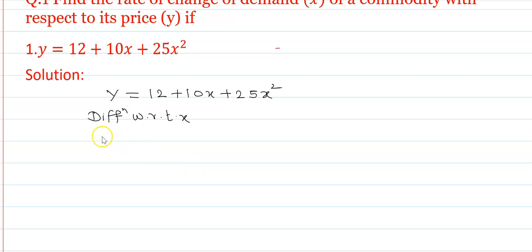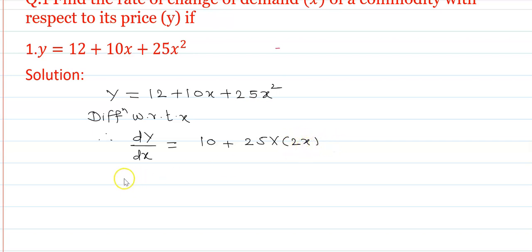Differentiate with respect to x, and therefore dy upon dx is equals to derivative of 12, which is the constant, its derivative is 0. Derivative of 10x is 10, and the derivative of 25x square is 25 into derivative of x square is 2x.